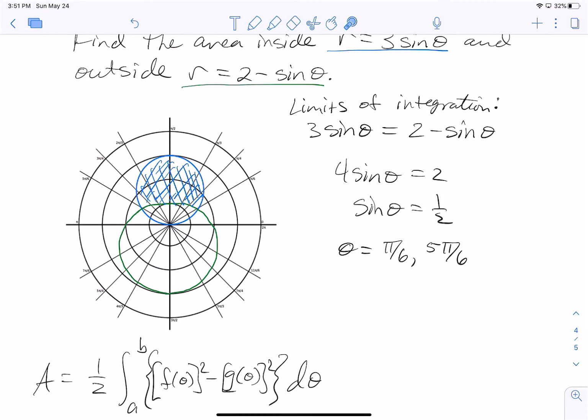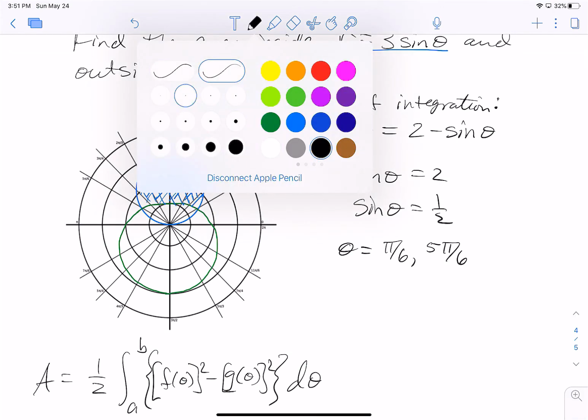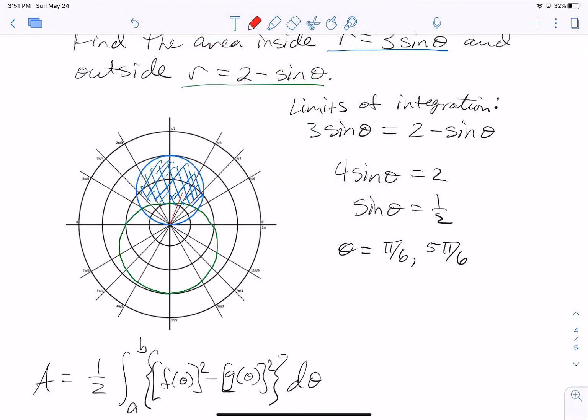I know that because if we draw a radial line from the pole out, then that covers our region of which we're trying to find the area.